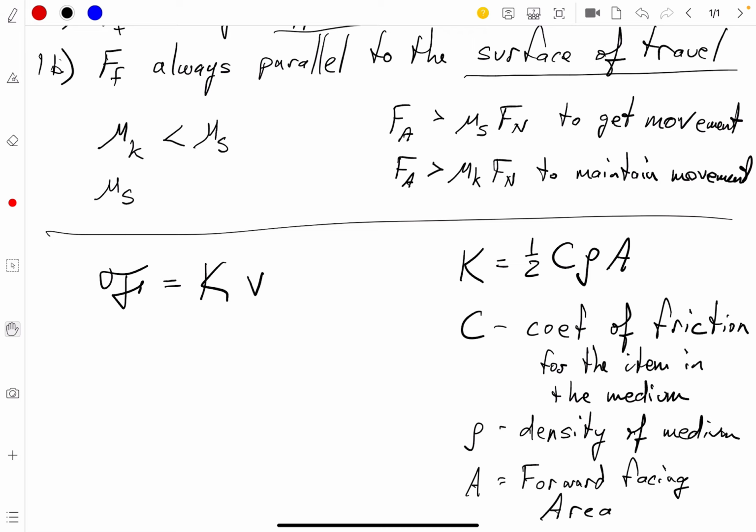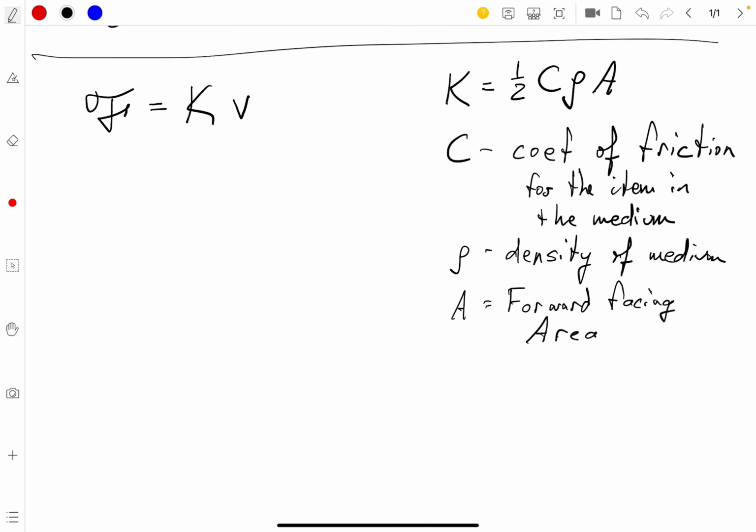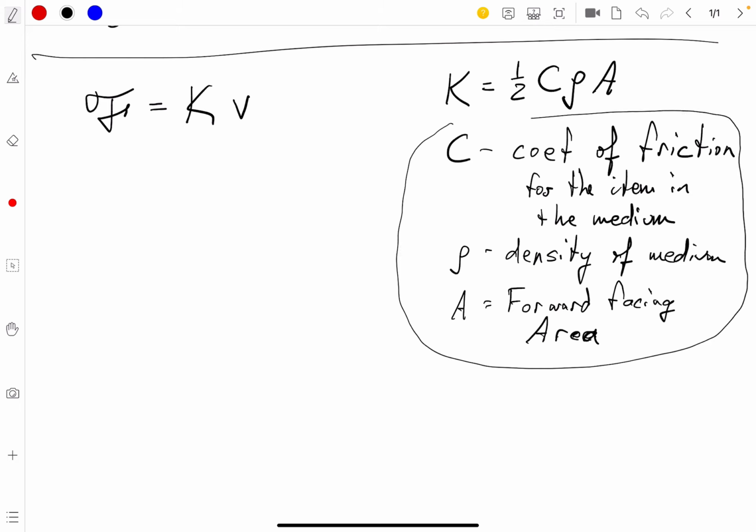Okay, forward-facing area. Fine. But you guys know me, I'm probably not going to do any of those things. What I'm probably going to do is give you this. And then, whoops, I dropped my squared. You're probably all screaming, you need to have a squared on there.